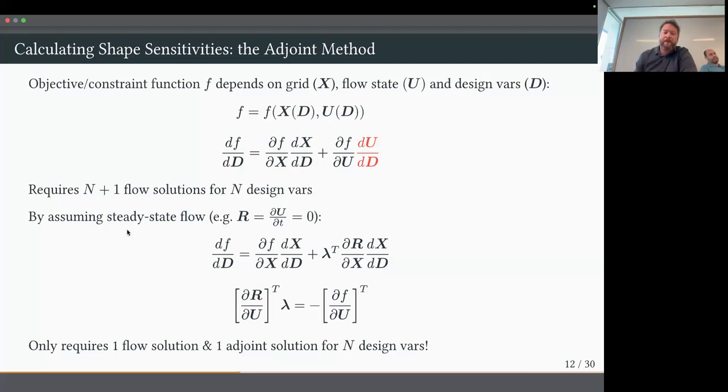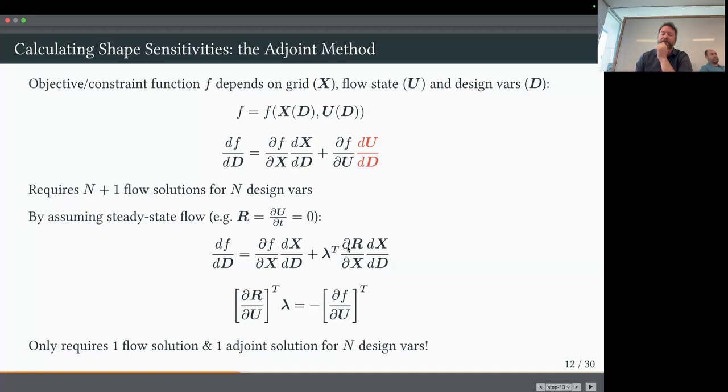So here's the bit where I'm not going to show you the derivation, but I am going to show you the mathematical trick that's applied. The adjoint method hinges on augmenting this equation. You can do it via Lagrange multipliers. And you can show that you can relate at steady state to your flow residual.